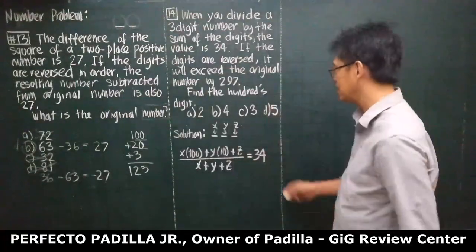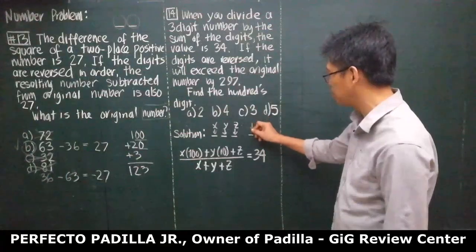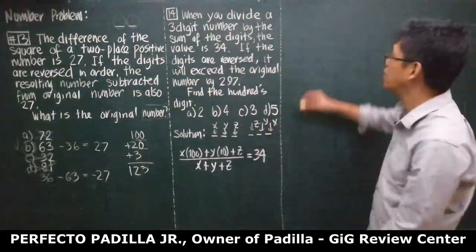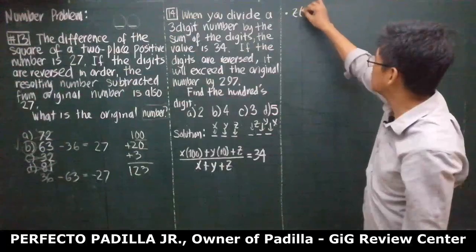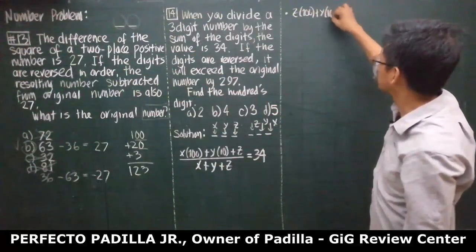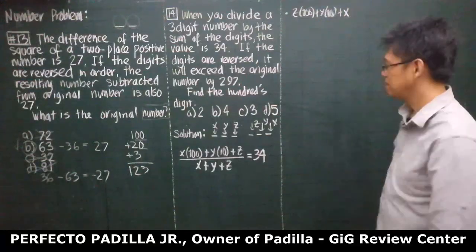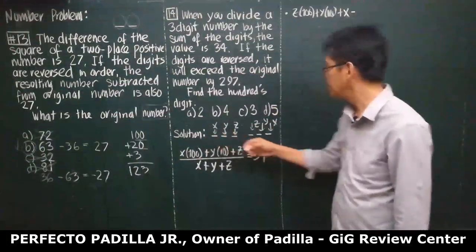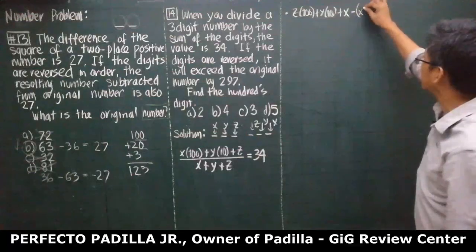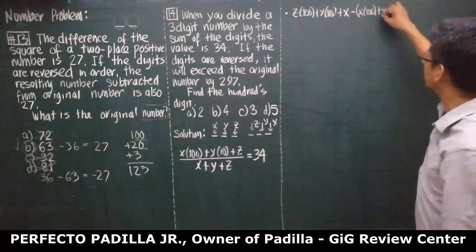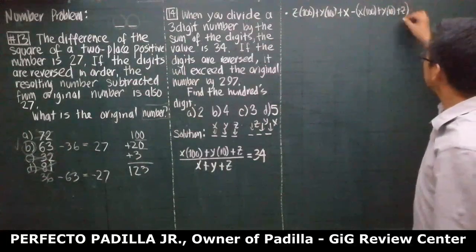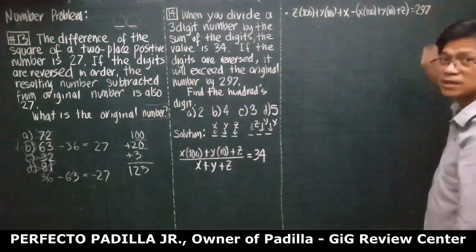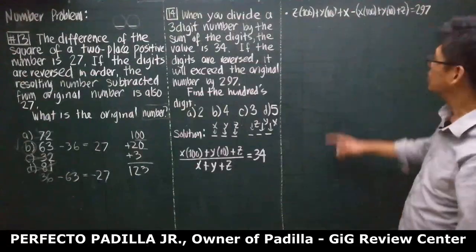So, if you reverse that, the number with reverse digit will be, this would be Z, this would be Y, and this would be X. This resulting number for condition 2 is Z times 100 plus Y times 10 plus X. So this one minus this original number, which is X times 100 plus Y times 10 plus Z, ang sabi dito, it exceeds the original number by 297. Okay? Alright. Now, isimplify natin to.